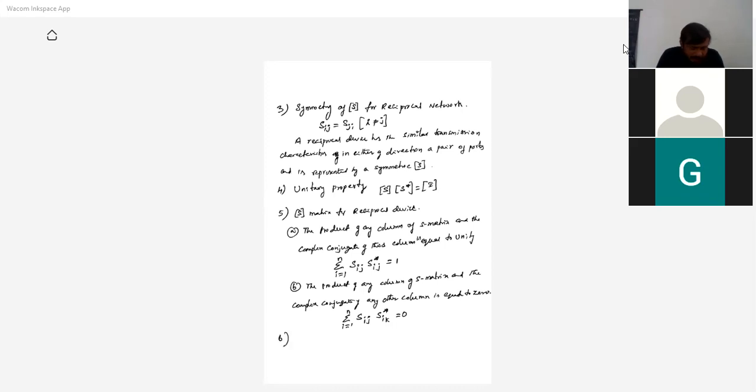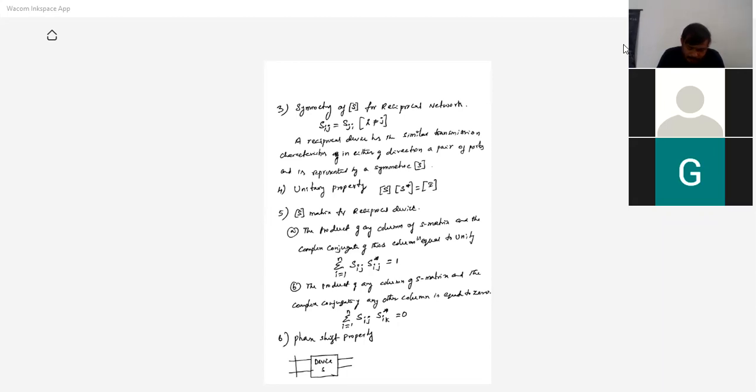Now the sixth one is the phase shift property. If you take the device S matrix, suppose we have a two port device, port 1 and port 2.